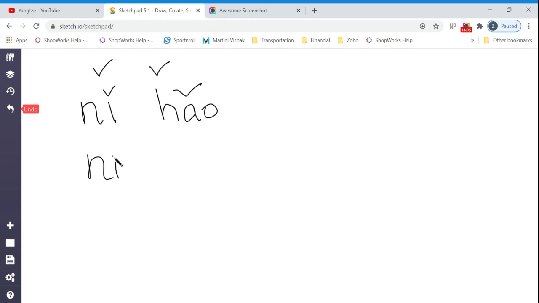Naturally it becomes like this, simply because it's easier to pronounce rather than two third tones, which is kind of difficult to pronounce. So when there's a third tone and a third tone, we change the first one into the second tone. So it becomes 你好. It means hello or how are you. Remember last time we said that?